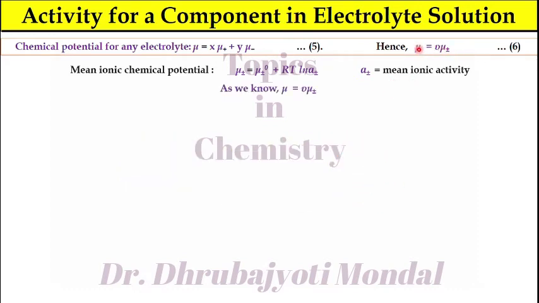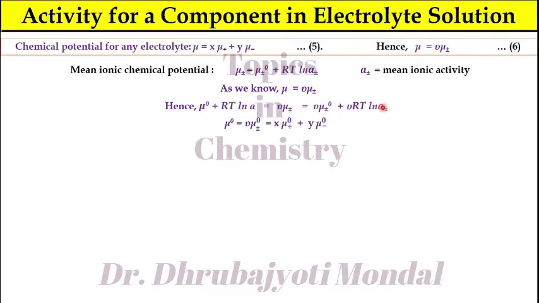As you have seen, mu is equal to nu into mu plus-minus. So mu 0 plus RT ln a is equal to nu into mu plus-minus. Now mu plus-minus is equal to mu plus-minus 0 plus RT ln a plus-minus. So putting the value of mu plus-minus here, that is equal to nu into mu plus-minus 0 plus nu RT ln a plus-minus.